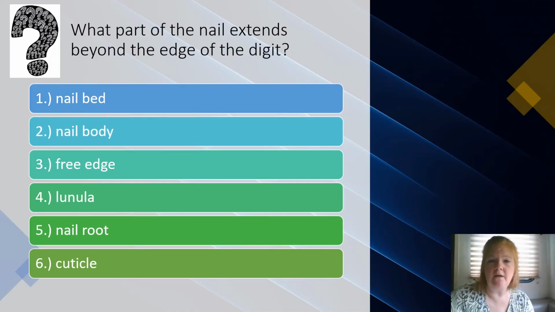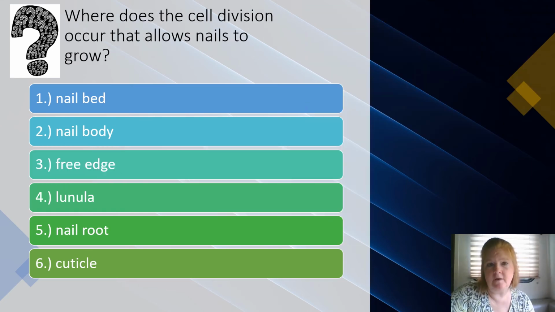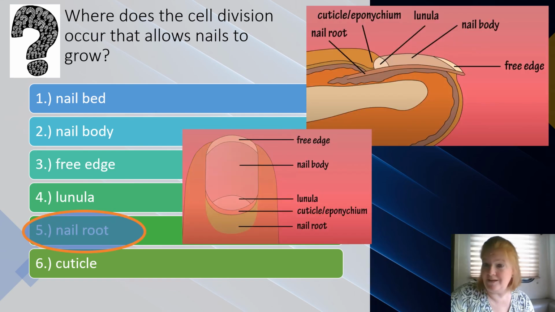What part of the nail extends beyond the edge of the digit? The free edge. Where does the cell division occur that allows nails to grow? The nail root, also called the nail matrix.